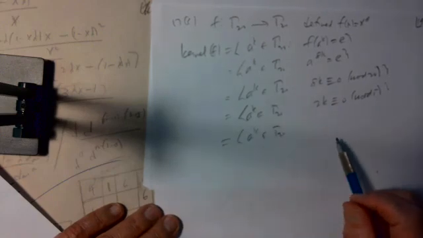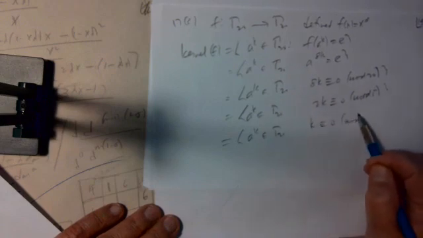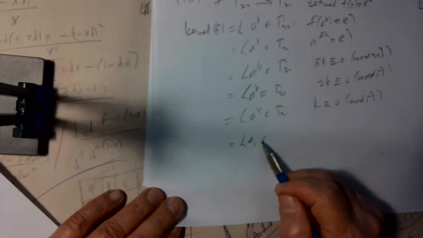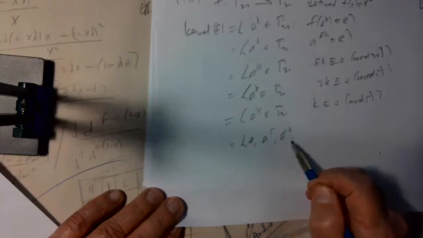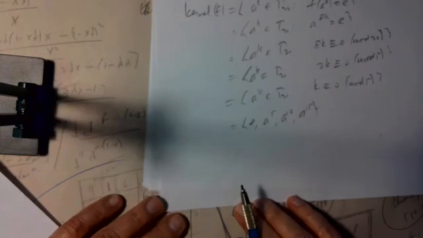But 5 divides 2k only if 5 divides k. So it's just the a to the k's where k is a multiple of 5. So that's e, a to the 5th, a to the 10th, a to the 15th. That's the kernel.